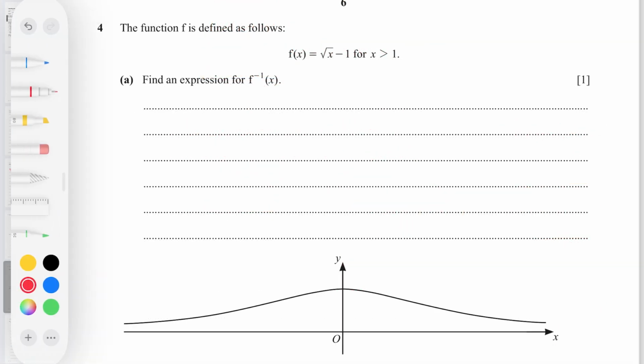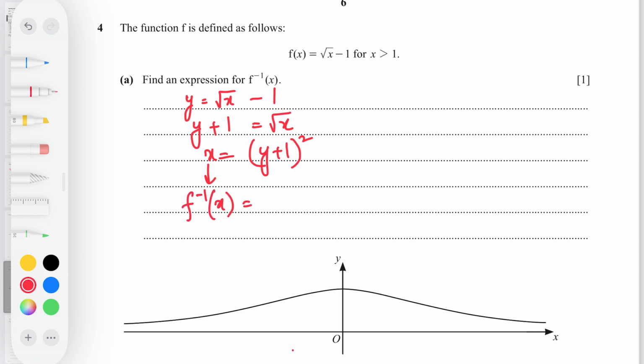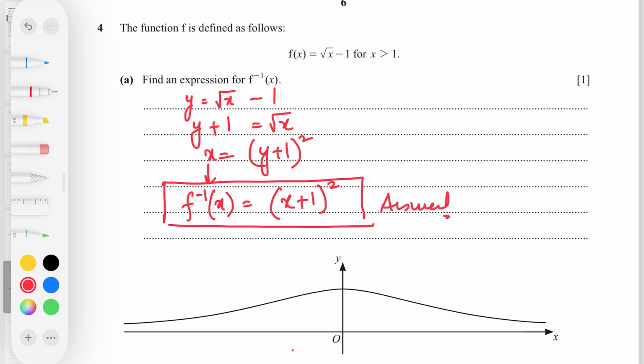The function is this, find the expression for f inverse. So in place of x, in place of y... very easy.